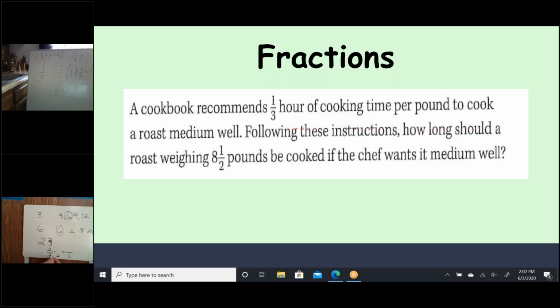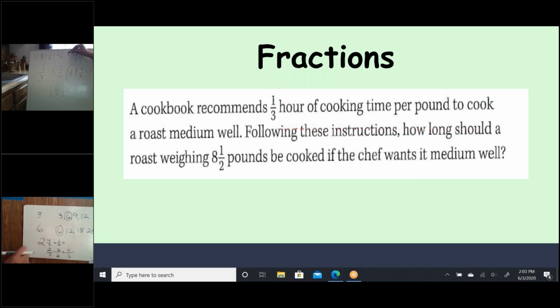Nice. Because the bottom, or the denominator, got 2 times bigger, we are going to do the exact same thing for the top. So 3 times 2 is 6. What is 2 times 2? 4. So instead of 2 and 2/3, we could have said 2 and 4/6, plus that other 1/6 of an hour to cook that half of a pound.